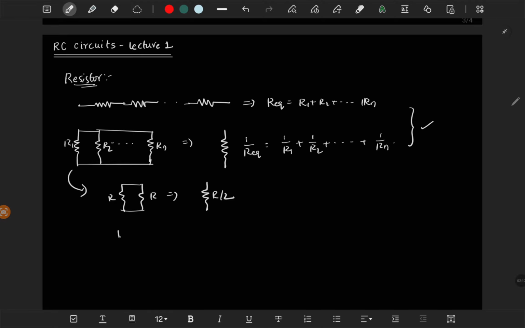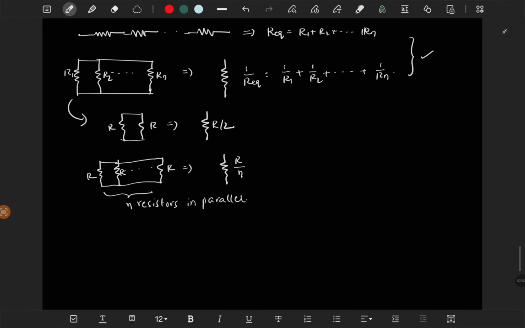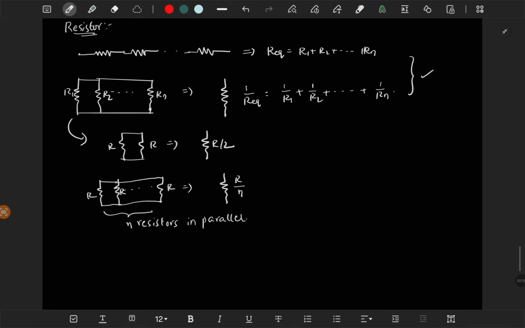Then if you have n resistors in parallel of equal value, this is R, this is R, and this is R, then you can represent this with equivalent resistance of R by n. This is the basics of resistors, and there is nothing much to talk about here.